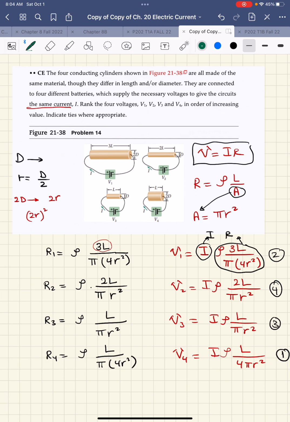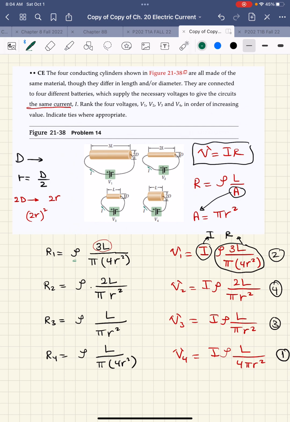Now, if you look at the first circuit, we can write R1 as rho, the resistivity, times the length 3L, divided by pi times the radius squared. Here the diameter is 2D, so the radius is 2D divided by 2, which is 2r, and 2r squared is 4r squared.